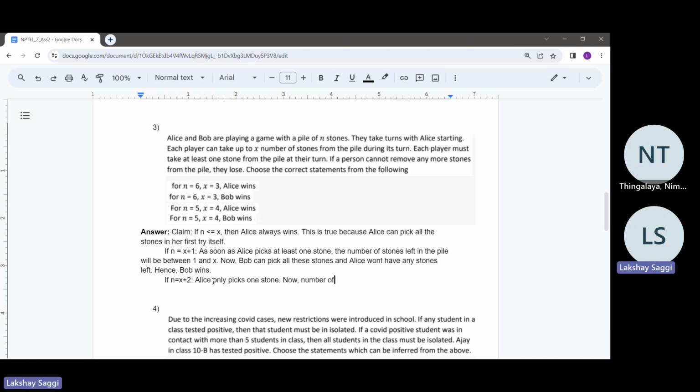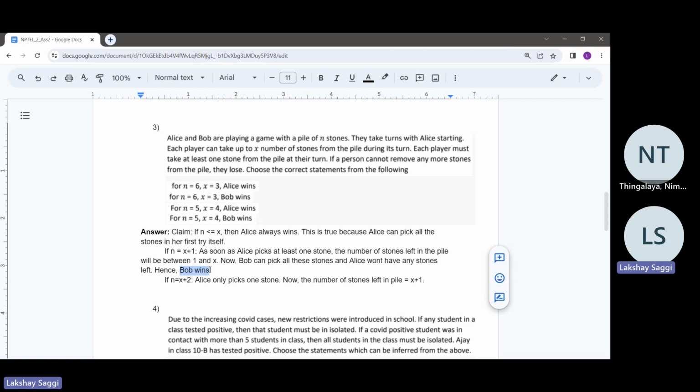And now, do you see what happens here? We proved that if the number of stones left in the pile is x plus 1, then Bob wins.